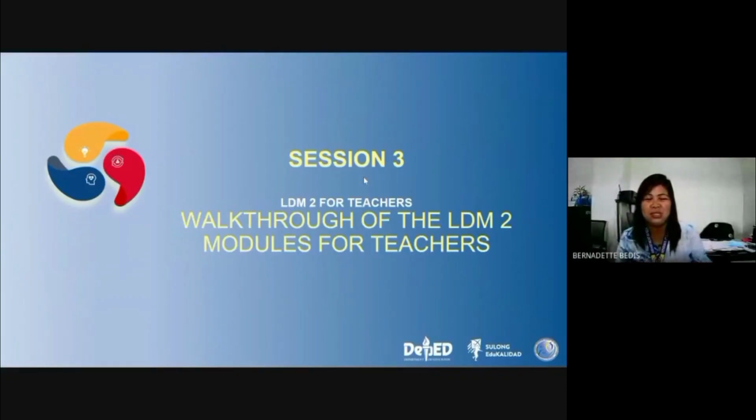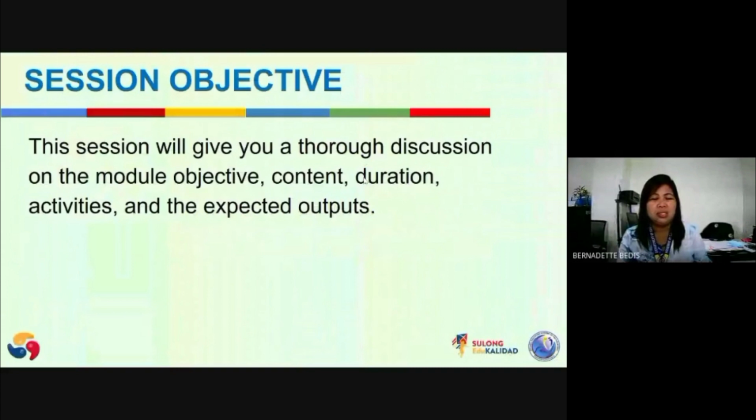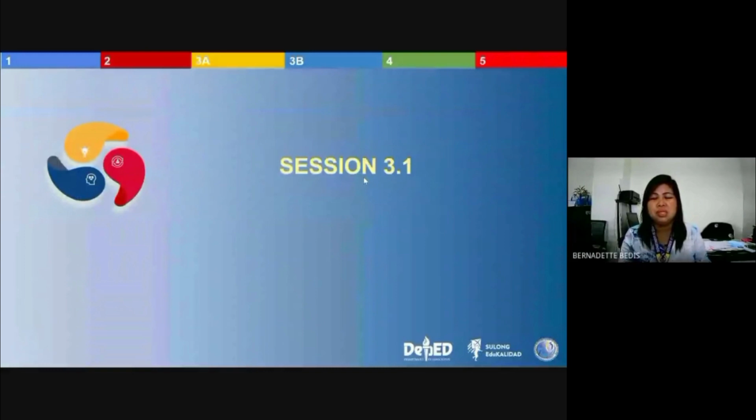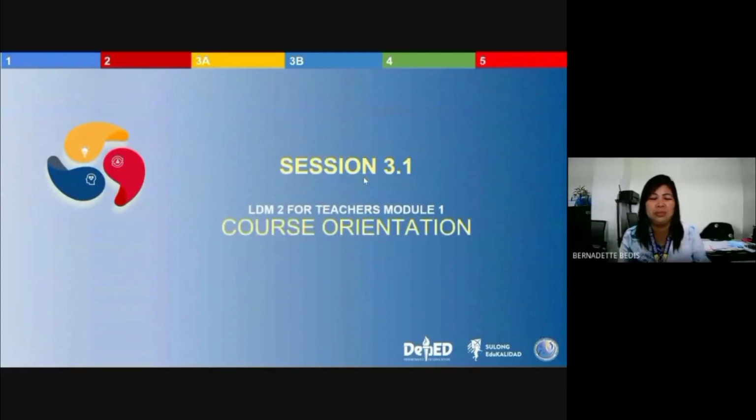So let us now proceed to session 3, which is all about walkthrough of the LDM2 modules for teachers. The session objective is to give you a thorough discussion on the module objective, content, duration, activities, and expected outputs. Session 3.1 is all about course orientation.